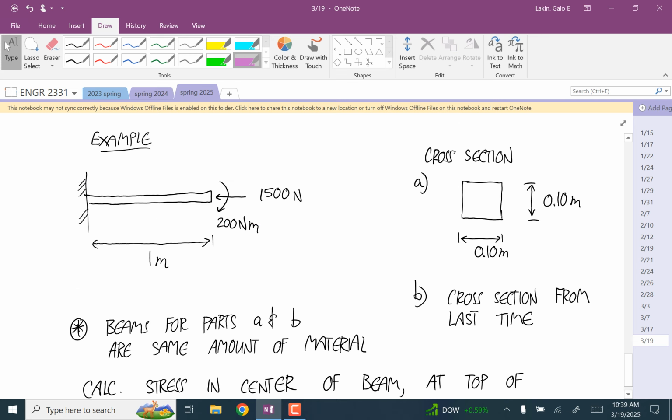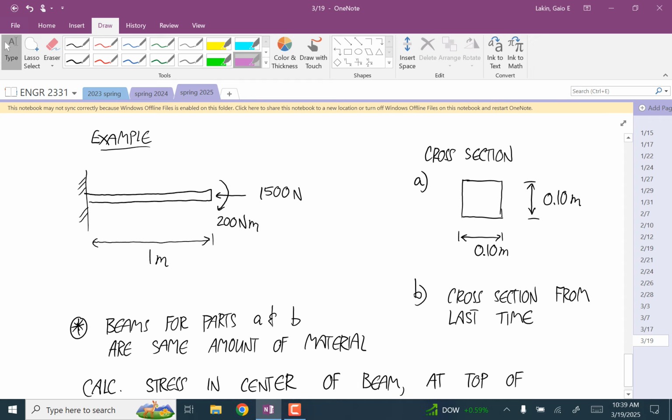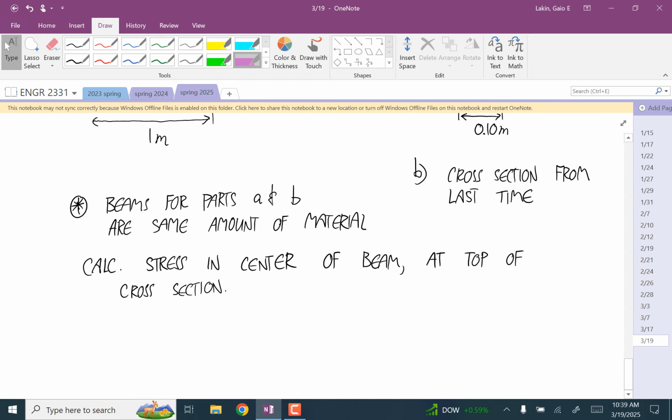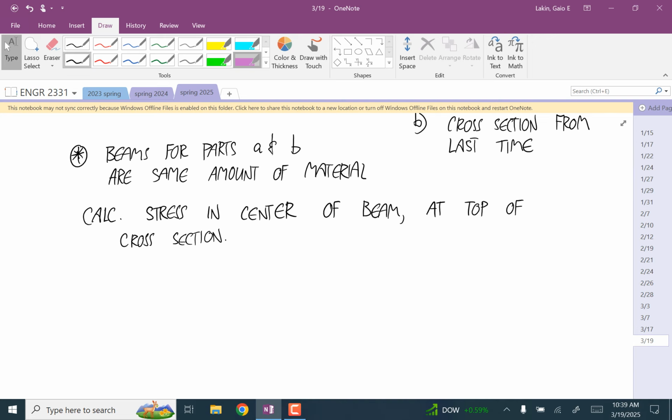So this square cross section is going to have a bigger stress at its top than the one with the better engineered beam cross section. Okay, so we're looking for part B to just have lower stresses. That's our goal. Okay, so first we have to solve the internal loads.